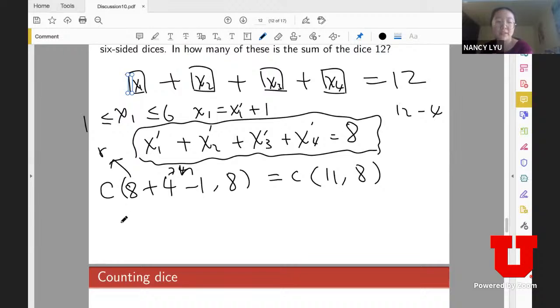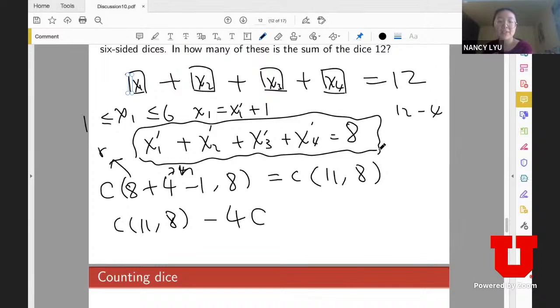So we're going to times 4. 4 means we have 4 possibilities to have one of the x be 7 or above 7. That would be 4 times.